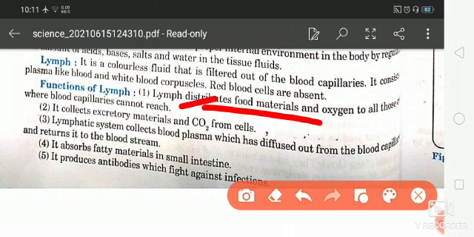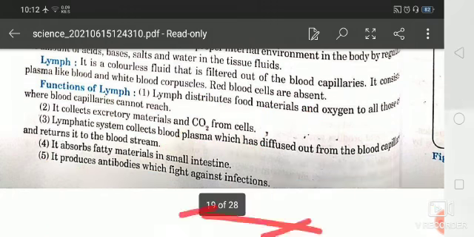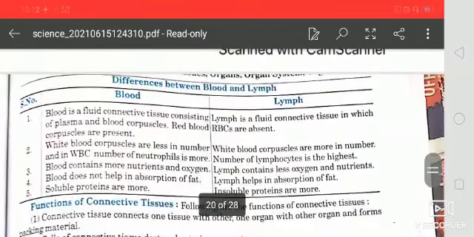It collects the excretory materials and CO2 from cells, and this system is called the lymphatic system. It collects blood plasma which has diffused out from the blood capillaries and returns it to the bloodstream, and lymph absorbs fatty materials in the small intestine, and it produces antibodies which fight against infections.